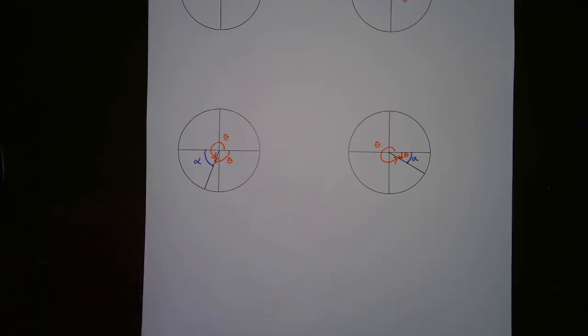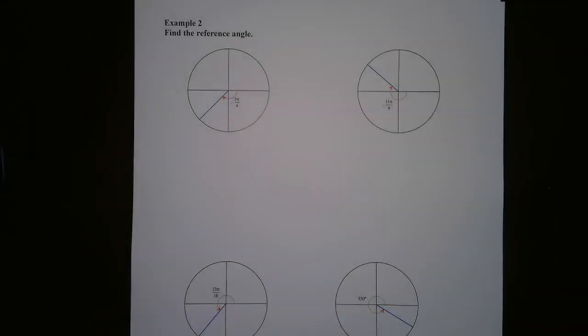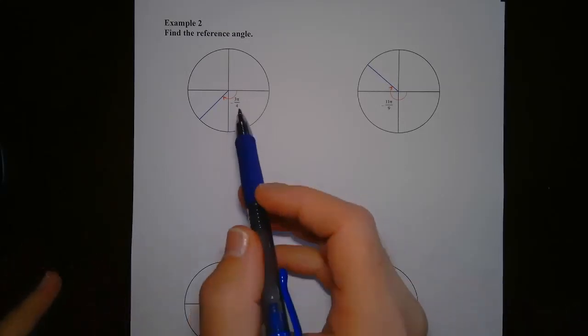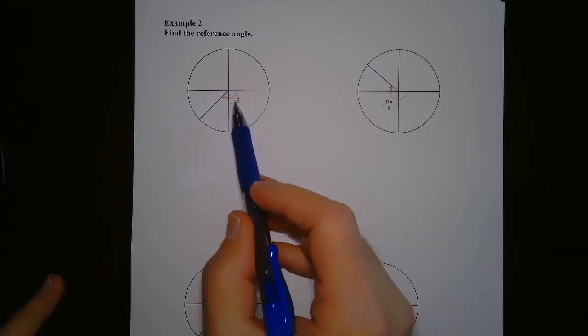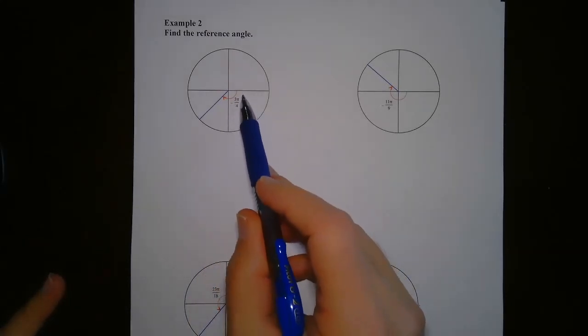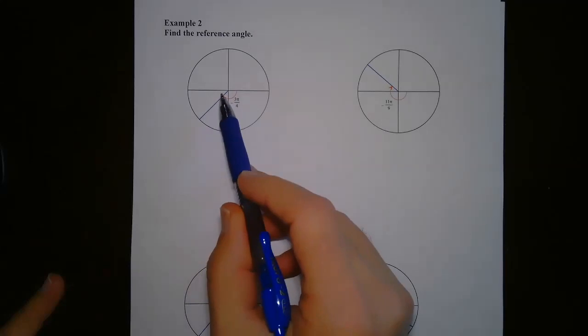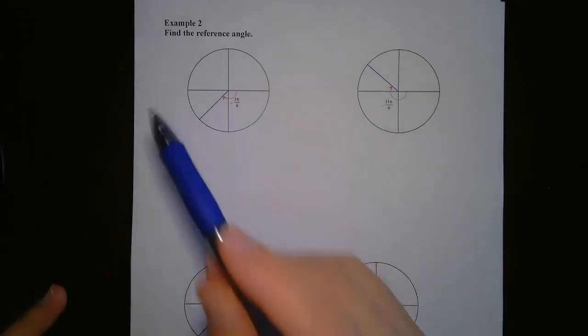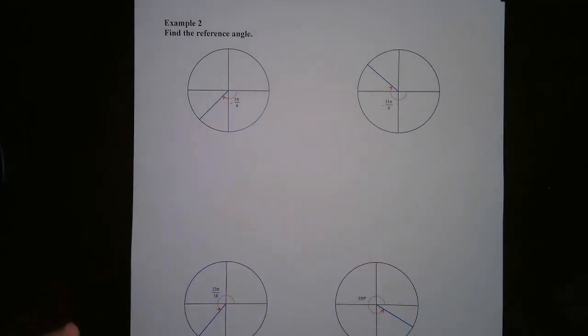Okay, now let's do some problems. Let's go to example number 2. For example 2, what I want you to be able to do is find the reference angle. If you look at this, we have rotated angle negative 3 pi over 4, and we're in the third quadrant right here. I'm going to use green because I already have red and blue.